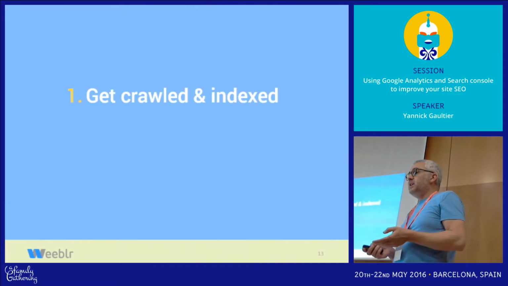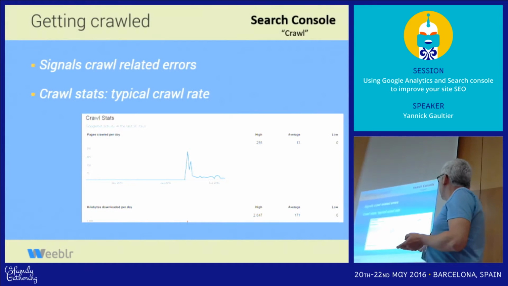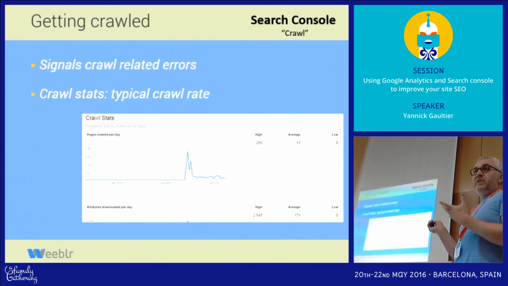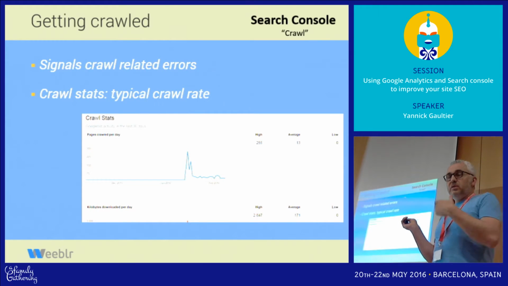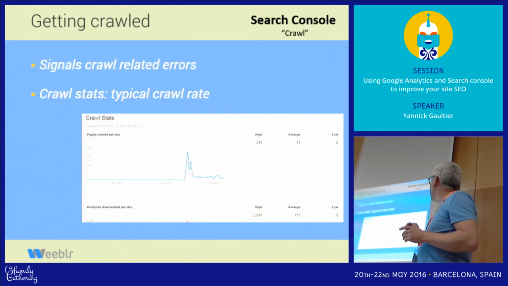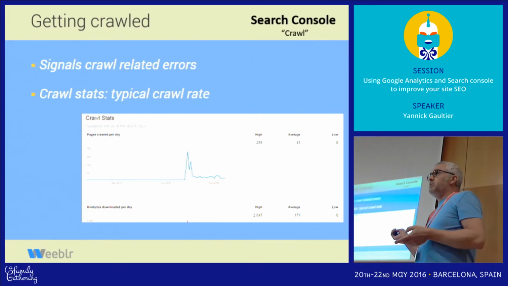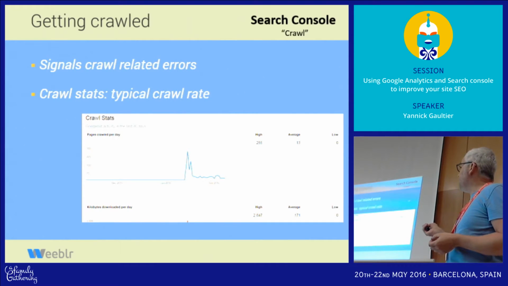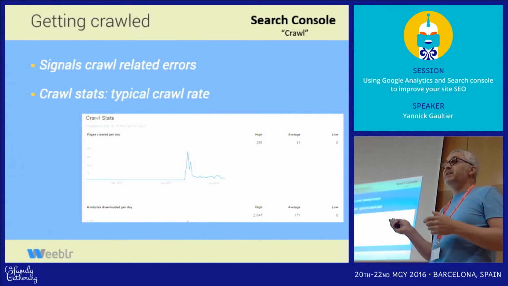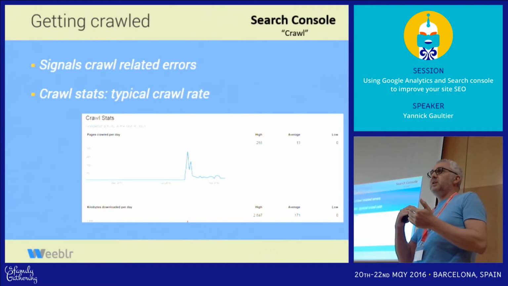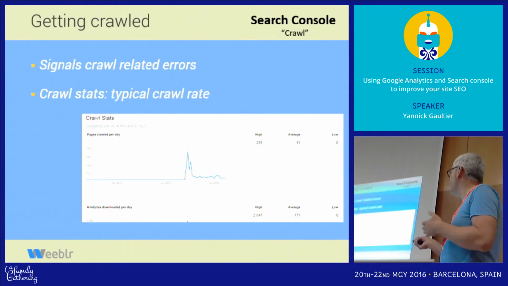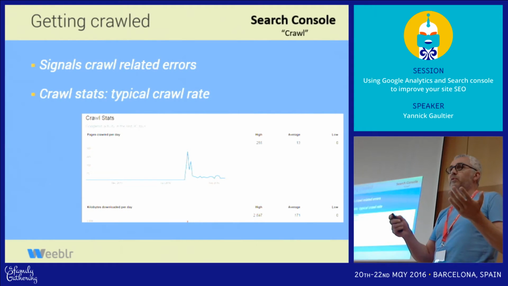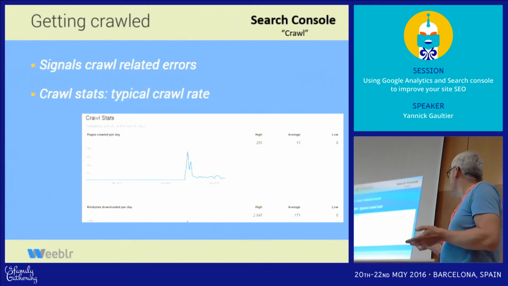First part then, getting crawled. The first tool you want to use then is the Search Console, the Google Webmaster Tools, in the crawl section. Seems pretty obvious. This will tell you any errors they found in your pages. That's the first thing. So if you have errors, like 404s, you have to fix that.